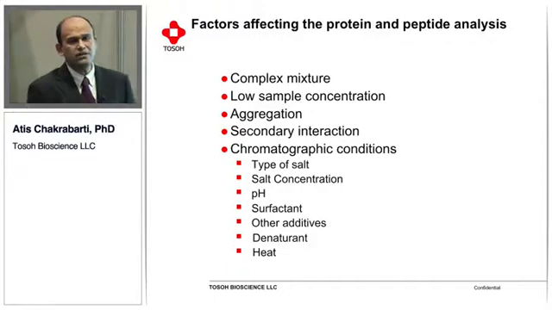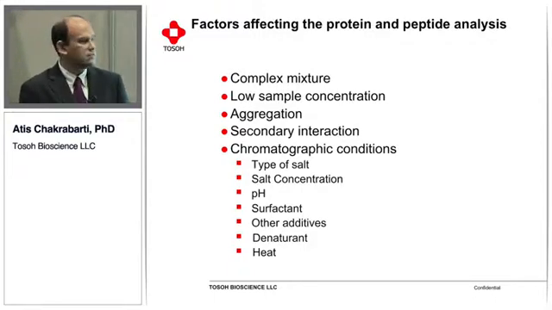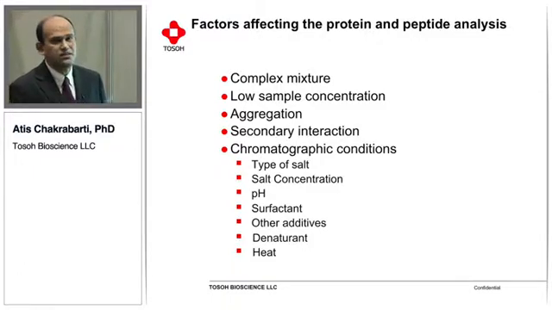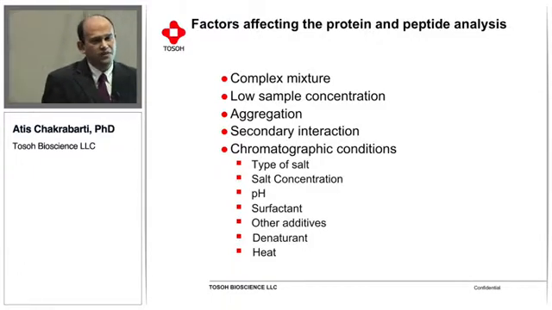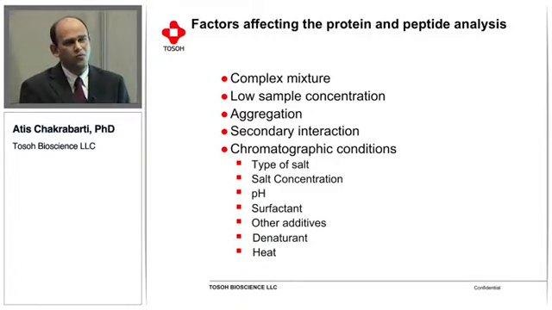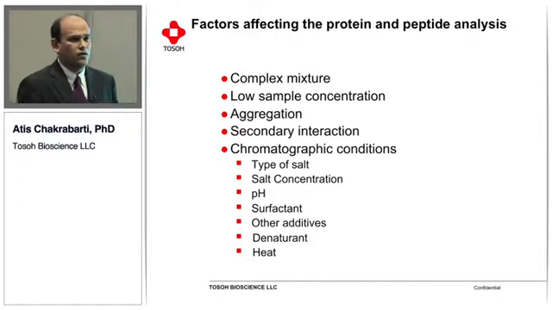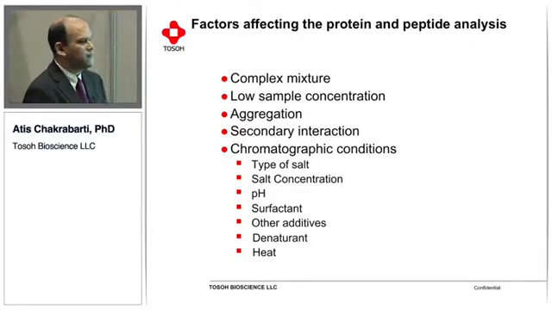And when we develop the methods, particularly the chromatographic conditions, we have to take care of all these things: types of salt, what is the salt concentration, because we have a very nice database in our inventory where we have developed a lot of applications where we have shown that the salt concentration plus pH, all these actually affect the overall chromatographic separation.